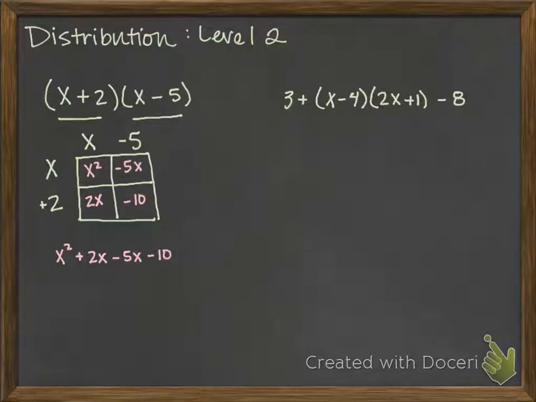Now we want to determine if there are any like terms that we can combine, and we see we have two x values that are like terms that we can combine. So we can rewrite this as x squared, and then 2x minus 5x will give us a negative 3x, and we keep the minus 10. So this will give us our final answer to this problem.